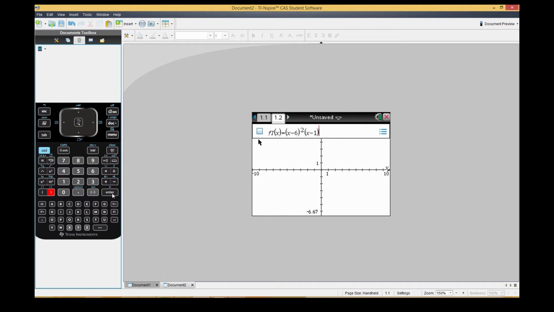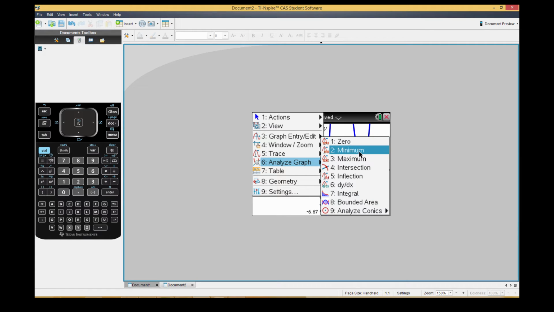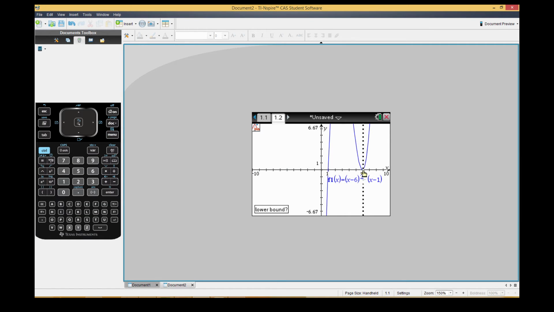And we graph that. Right, we want the turning points. The turning points you can sort of see. If we want to work that out, we can go menu, analyze graph. We want to get the minimum point. Right, minimum point. So minimum point is at 6 and 0. So any graphics calculator will actually do this for you. So minimum point is 6, 0.